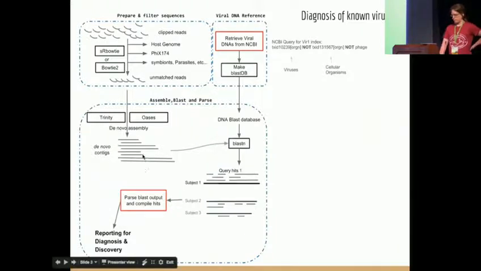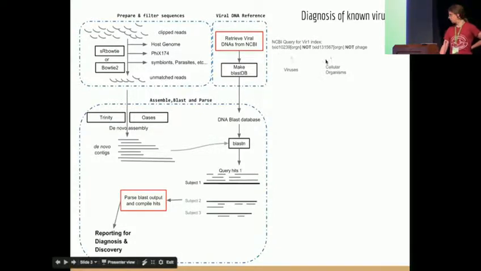So then we assemble that, we get out the longer contigs, and we can use those to BLAST them against a database of known viral DNA sequences. So we have this query string with which we have a tool that can take query strings to the NCBI.